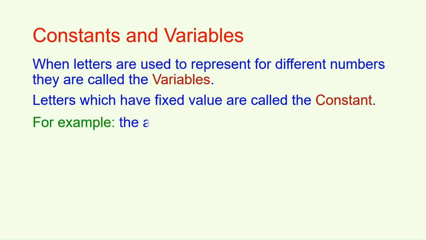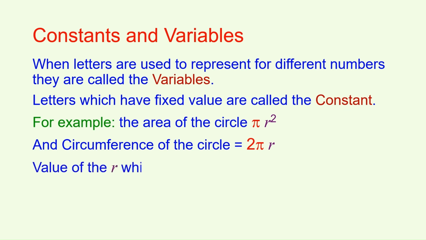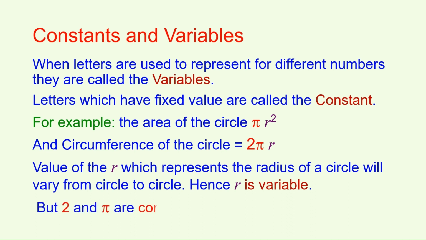Letters which have a fixed value are called constants. For example, the area of the circle equals pi r squared, and the circumference of the circle equals 2 pi times r. The value of r, which represents the radius of a circle, will vary from circle to circle. Hence r is a variable, but 2 and pi are constants, as pi equals 3.14159.